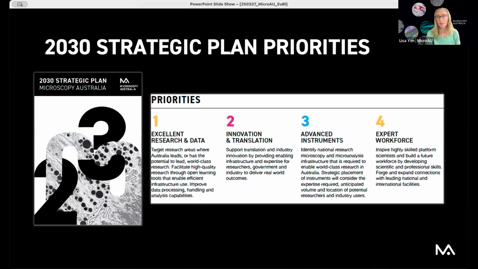So in terms of how we think about our planning, we do have some priorities, and that's because within Microscopy Australia, we're really passionate that the structural knowledge and understanding that you can reveal through a microscope is a thread that weaves together our knowledge creation.